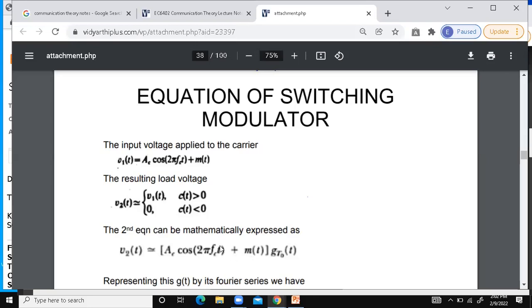So this is your carrier signal still, which is this. This is your message signal. Right. Now your g(t) comes in, because you go from the time domain using Fourier transform to the frequency domain.